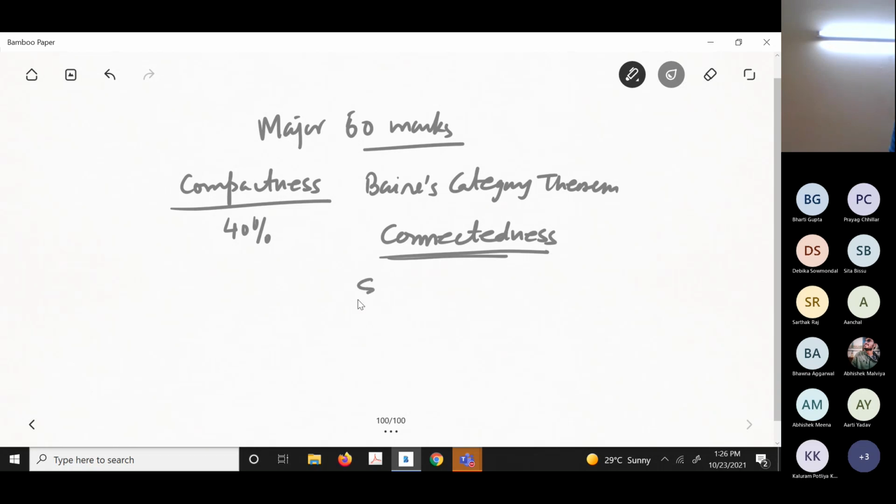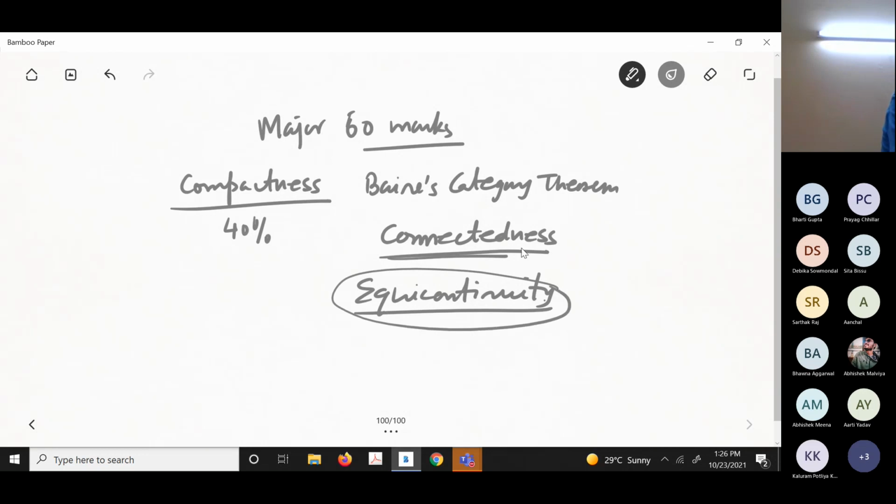And here, equicontinuity. That's note 20, 21, I think. In fact, Monday I want to finish the Heine-Borel theorem, and then Tuesday and next Friday I will teach you equicontinuity and connectedness, particularly equicontinuity, so that this will be 40% minimum.